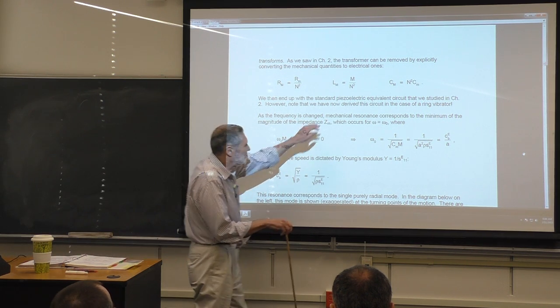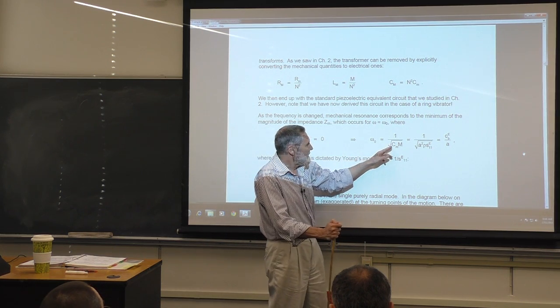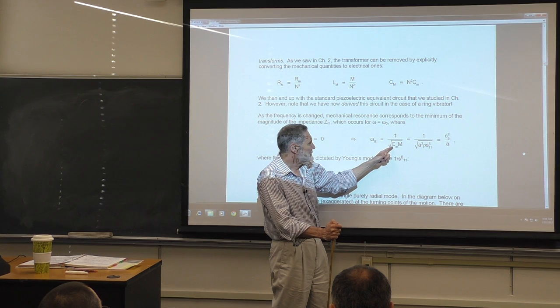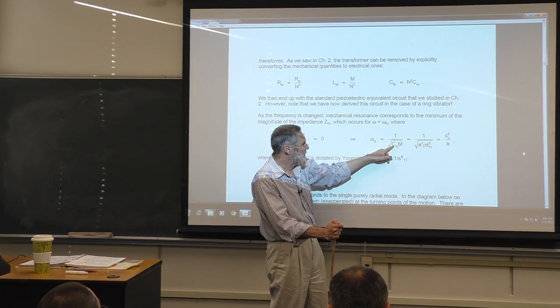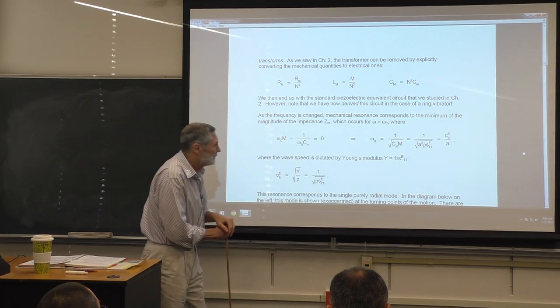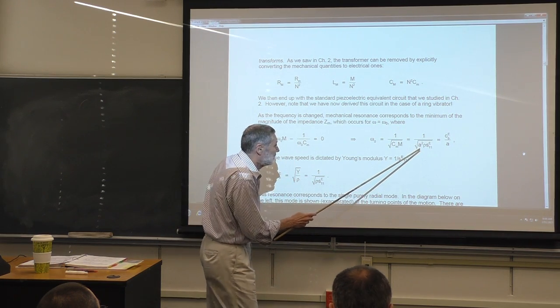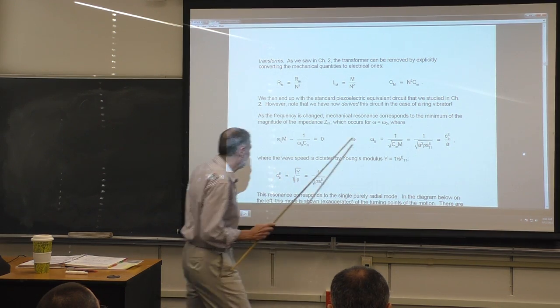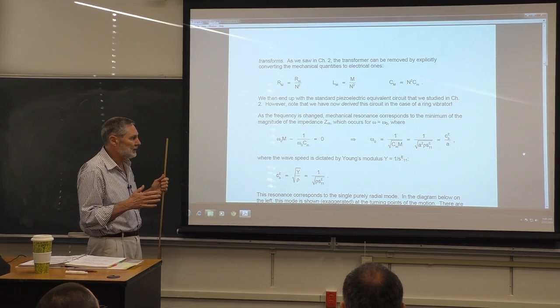Now to deal with it here, we want to put it in a transparent form. If you substitute our expressions for the compliance and the mass, which we established previously, you get this. And now, the best way to write this is to recognize the appropriate wave speed here.